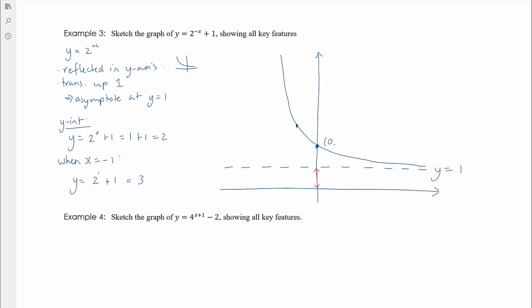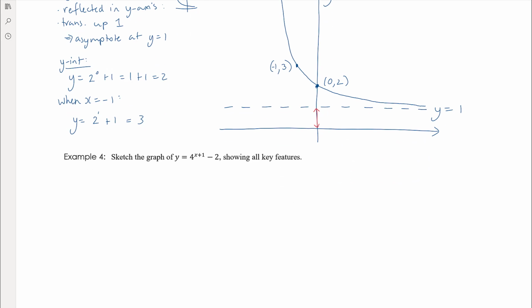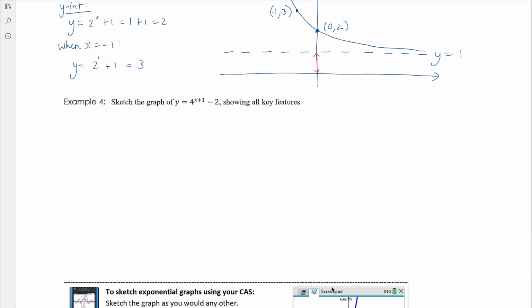So y-intercept at (0, 2), and another point at (-1, 3). 2 points plus your asymptote. Done.